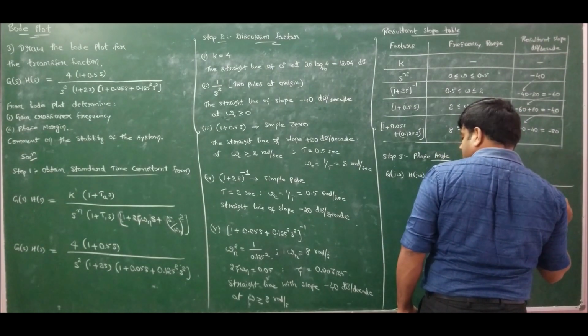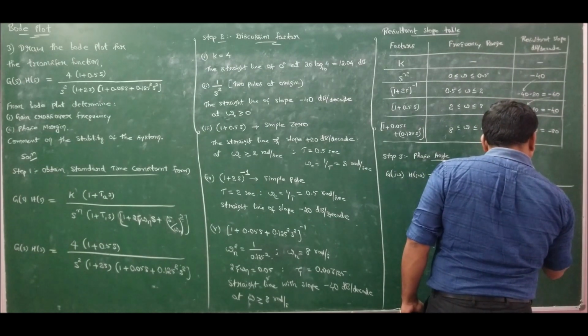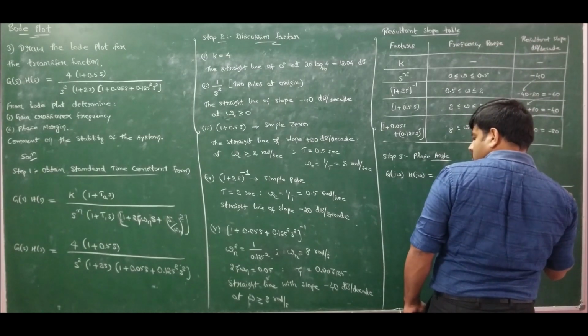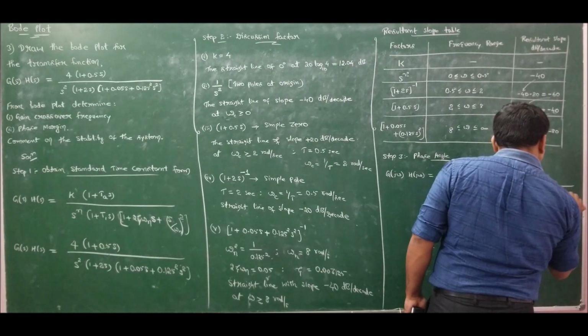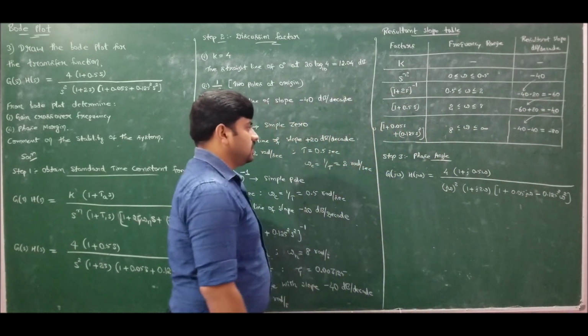J square is minus 1, hence it will become minus 0.125 square omega square. Correct? J square is minus 1.